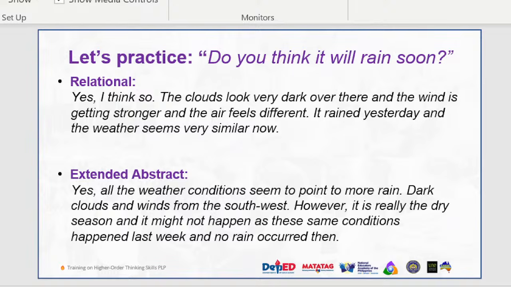He connected next with other concepts. Next, there was already a conclusion, abstraction, that he was able to deduce that although the conditions are present for rain to fall, it is really the dry season and it might not happen as the same conditions happened last week and no rain at all. So that's an example.